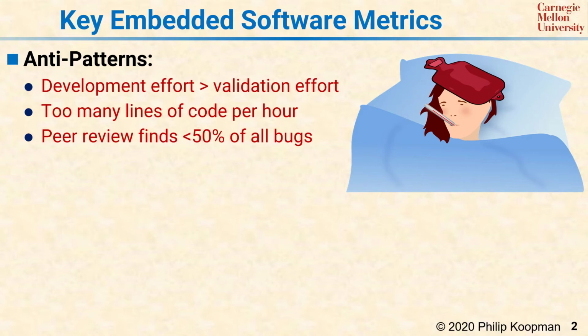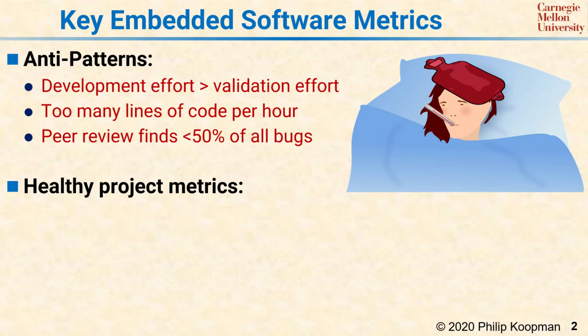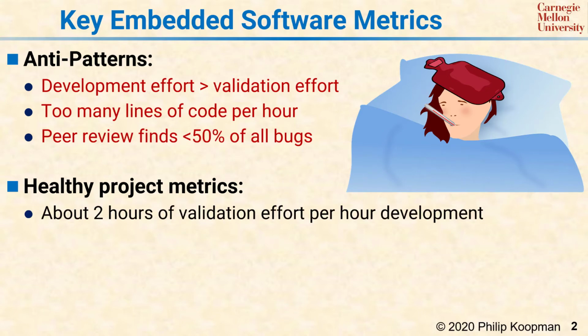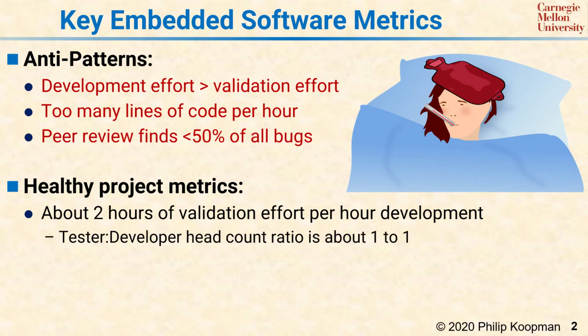At a high level, the following key metrics tend to predict healthy embedded software development projects. About 2 hours of effort are spent on validation for every hour of effort spent on code development. That generally implies a tester-to-developer headcount ratio of about 1:1.